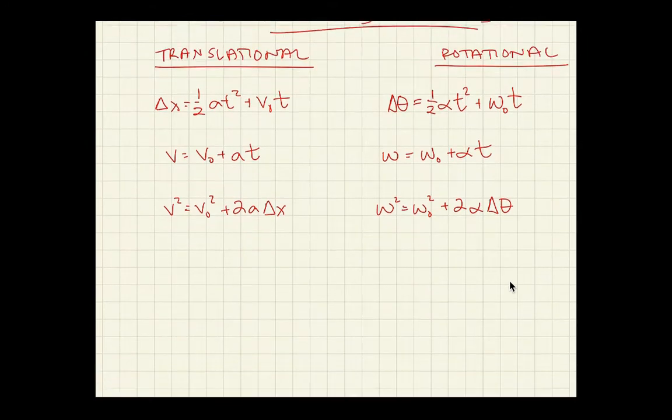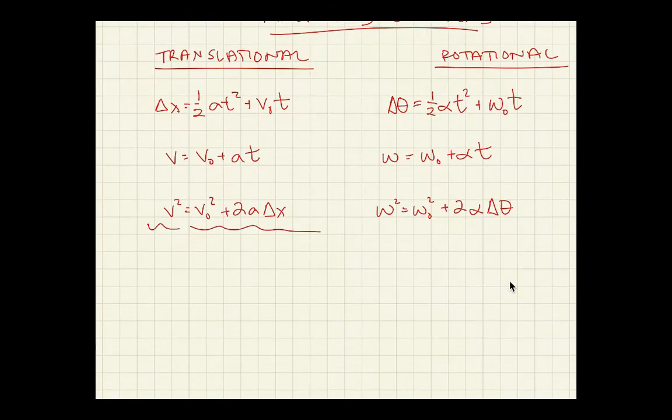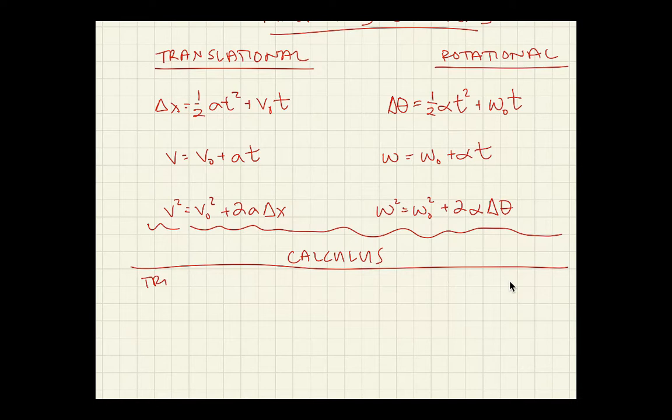Now, you also might remember that we had calculus relationships as well. And just like the kinematics algebraic relationships hold true, calculus relationships hold true as well. So we had translational and rotational.